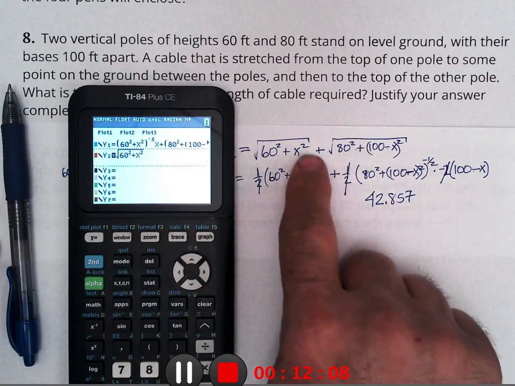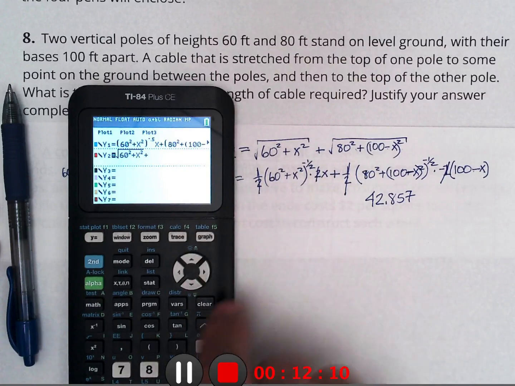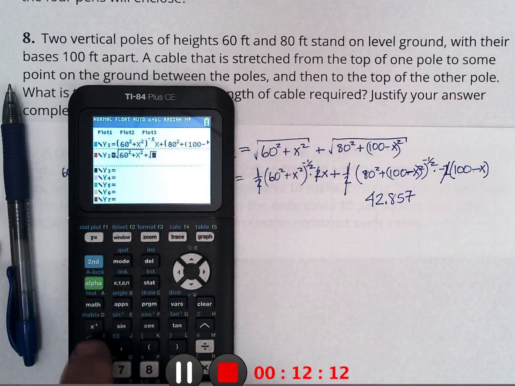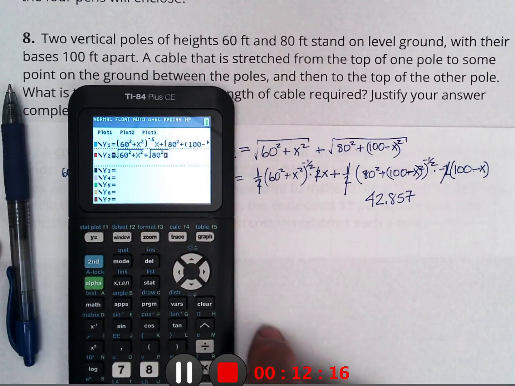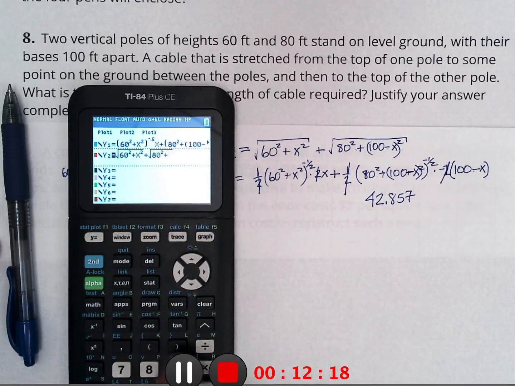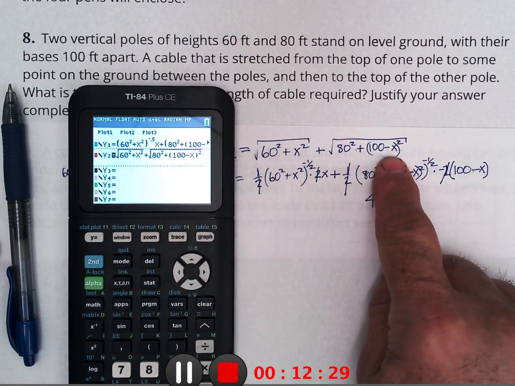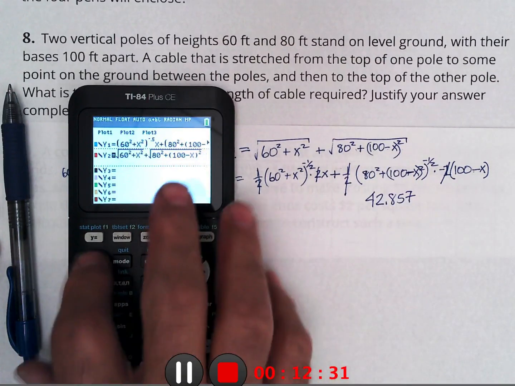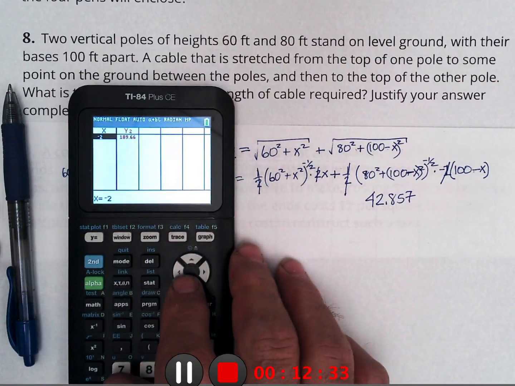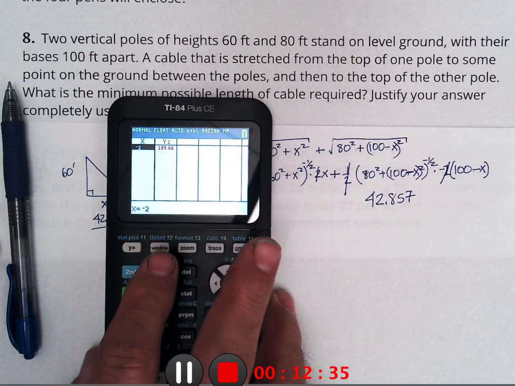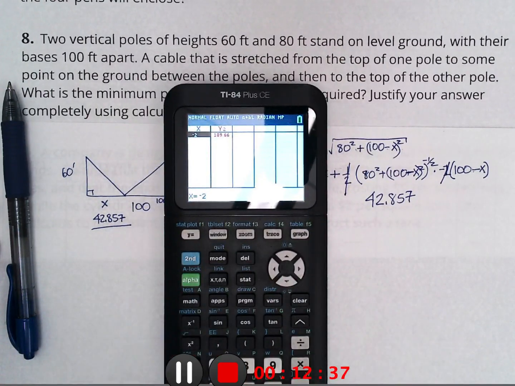plus the square root of 80 squared plus parenthesis 100 minus x close parenthesis squared. And that's the length. And so I'm going to go to the table and find out what it is when x is 42.857.